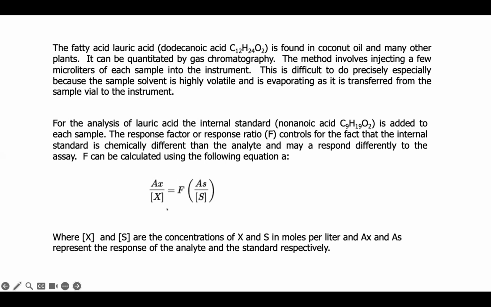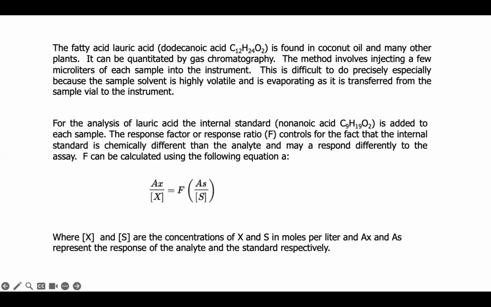So what we do is, where X and S are the concentrations, X being in this case lauric acid, and S, in moles per liter, is the standard, the internal standard, and AX and AS represent the signal. It depends on what kind of detector you're using in the chromatography.